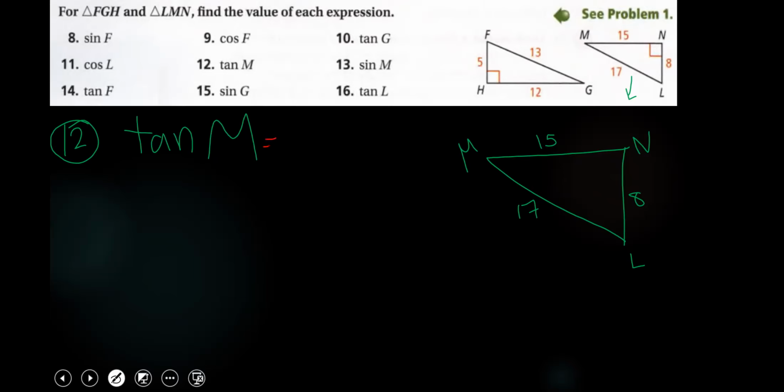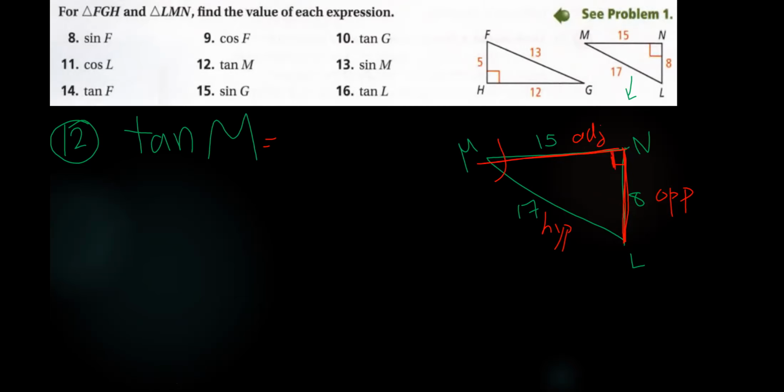Angle M. Bravo. Where is the opposite? 8. This is the opposite. Now, where is the hypotenuse? 17. Bravo. Where is the adjacent? 15.